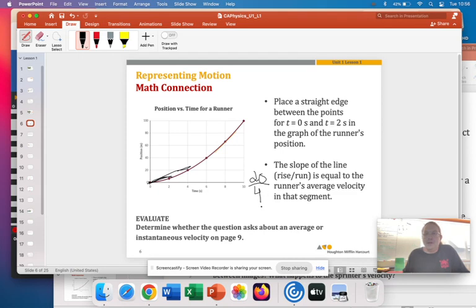To reduce this ratio, divide both sides by 4, so it would be equal, I'll just do it right here, to 5 over 1. If I divide both things by 4, 4 divided by 4 is 1, 20 divided by 4 is 5. Now, determine whether this question asks about an average or instantaneous velocity on page 9.